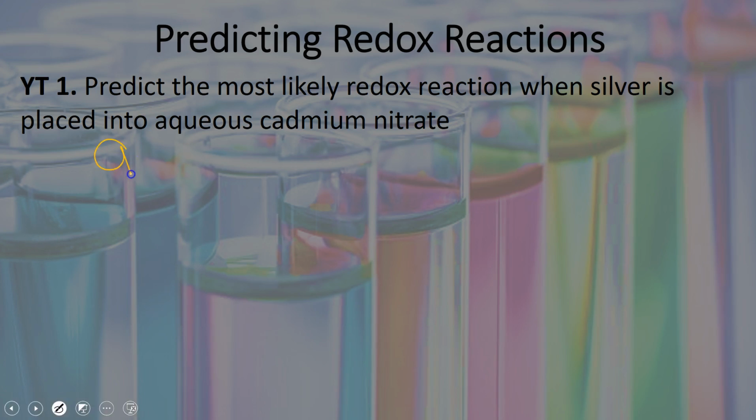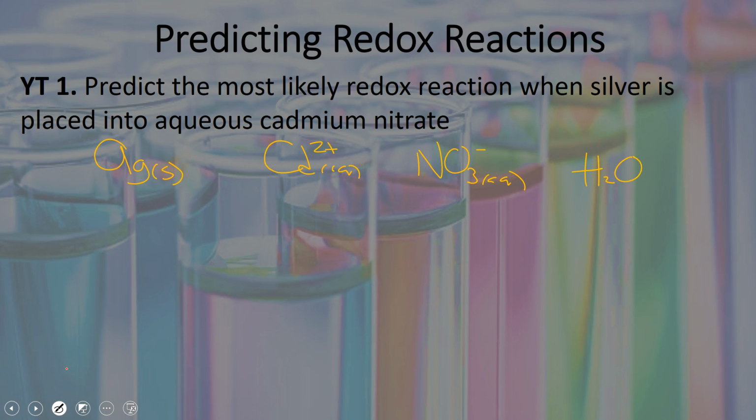So silver is Ag solid. Aqueous cadmium nitrate, that's ionic, right? So I need to break it apart with its charges: Cd2+ aqueous, and nitrate is NO3 negative aqueous. And I always need to include water. Then I ask what are all the possible OAs and the possible RAs.